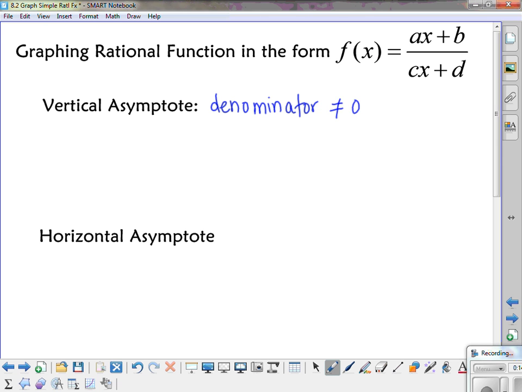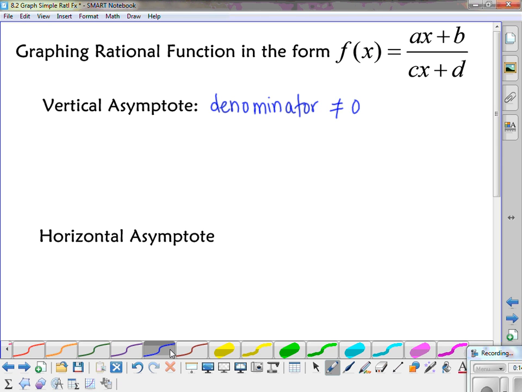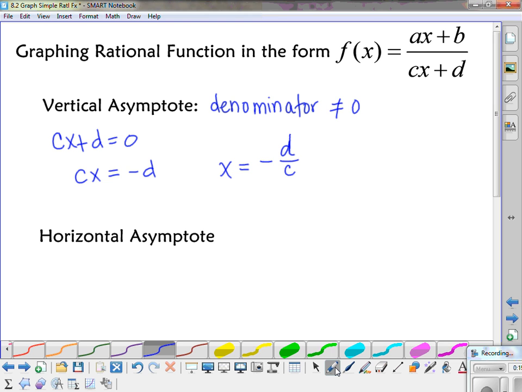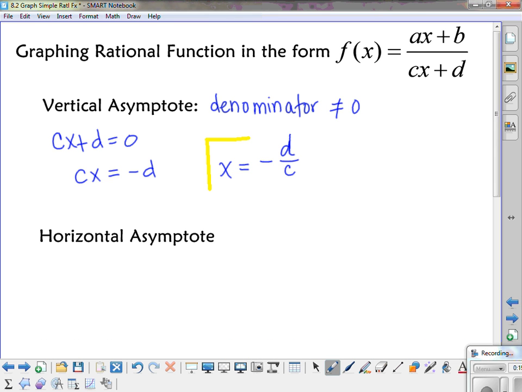And so if I set cx plus d equal to 0 and solve it for x, subtract the d from both sides, and then divide by the c, and so x would equal negative d over c. But if you don't remember that formula, what can you do? Just set it equal to 0 and figure out what it comes out to, okay?